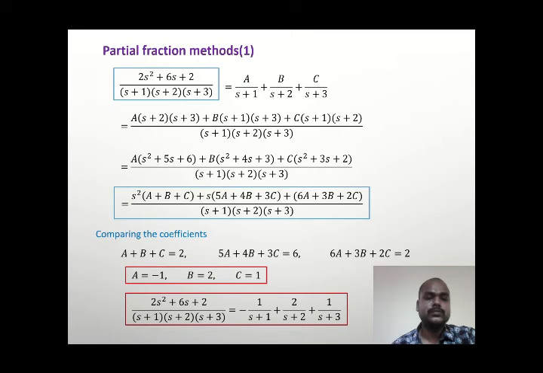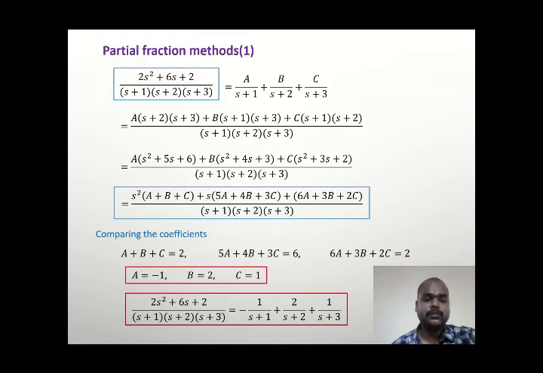If these two polynomials and transfer functions are equal to each other, then the coefficient of s² will be a + b + c equal to 2. The coefficient of s, which is 5a + 4b + 3c here, will be equal to 6, and the constant term, which you can say is s to the power 0, is 2, which is equal to 6a + 3b + 2c.